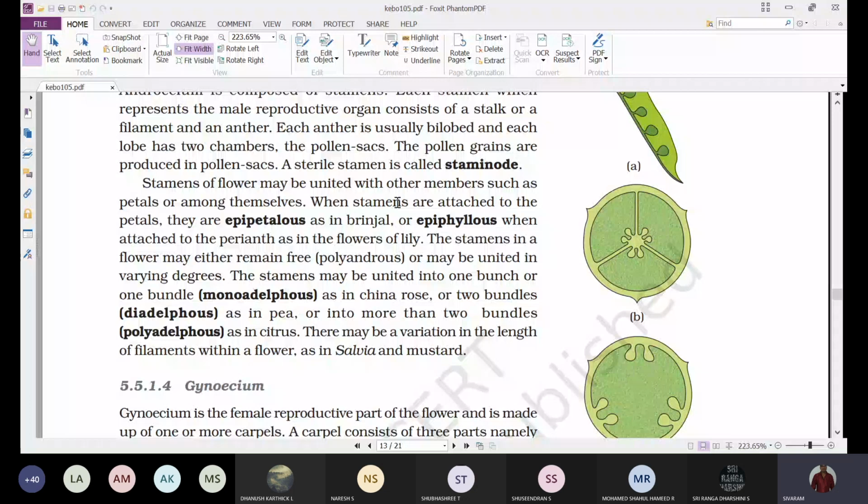Or the stamens may be united with varying degrees. They are united to form a single unit. That means all the stamens are united and form a single unit, as in case of hibiscus.